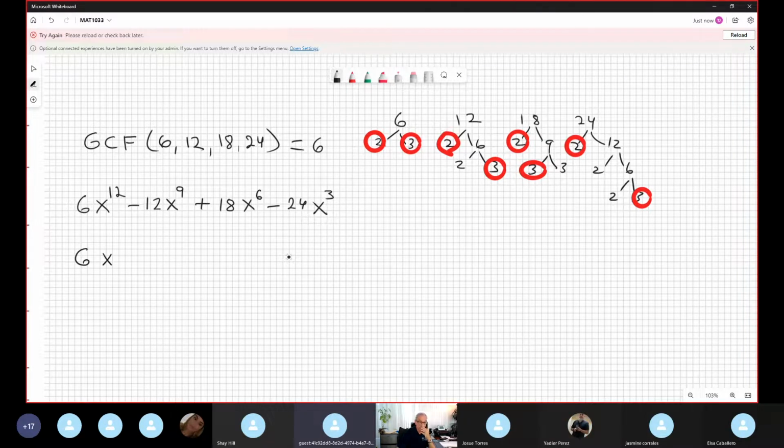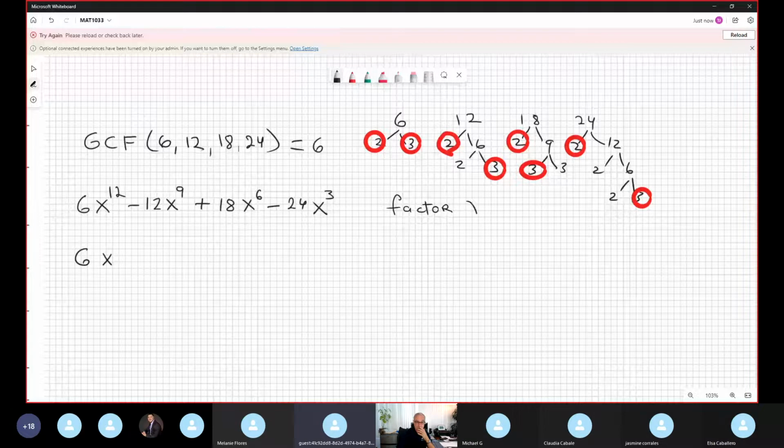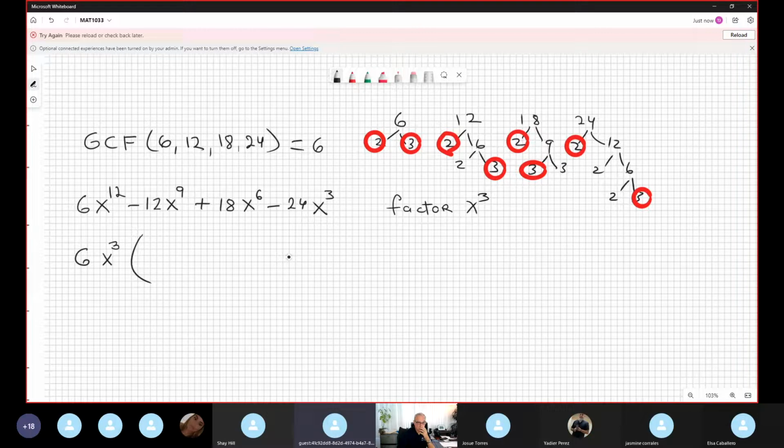Only one x you factor out? No, 3. How do you know to get 3? What is the reason? Because it's the smaller exponent, right? 12, 9, 6, 3. You take the smaller exponent. It's the greatest common factor.